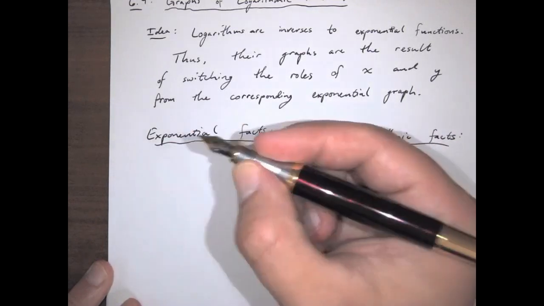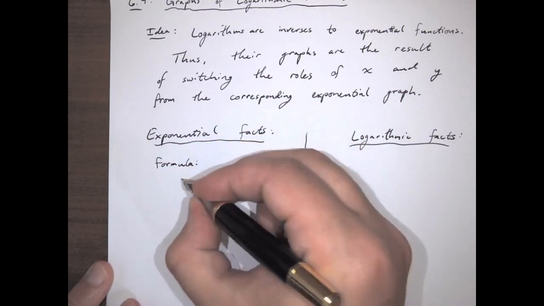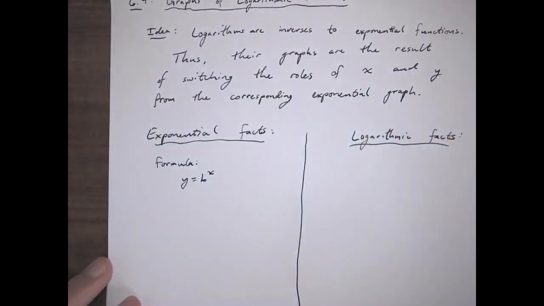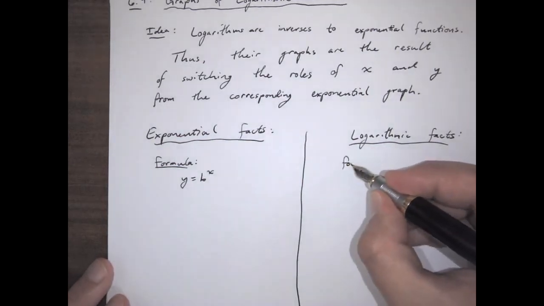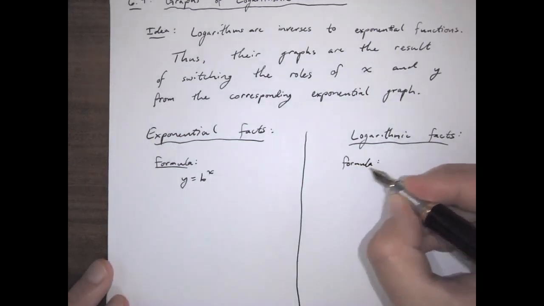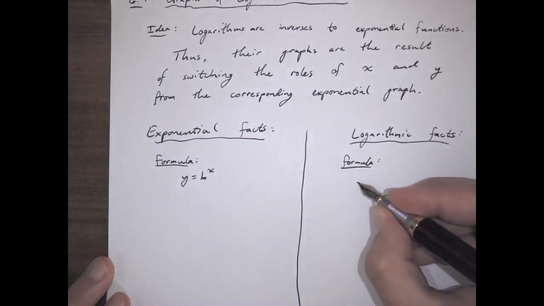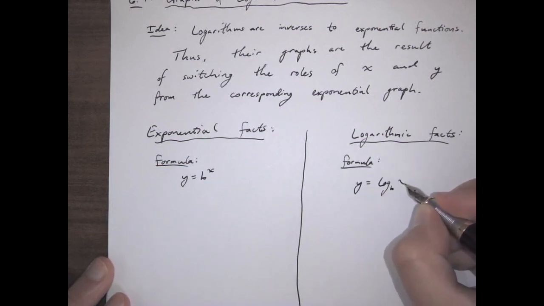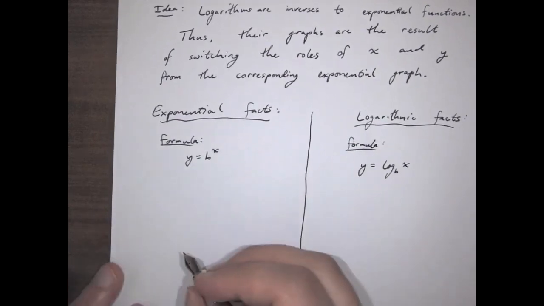The formula here would be y equals b to the x. So we're not talking about any kind of transformations here, just a naked basic exponential function. And the corresponding formula in the logarithmic world is going to be y equals log base b of x. So these are the two sides of the corresponding coin.